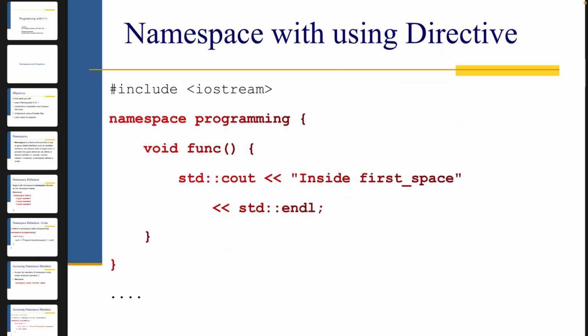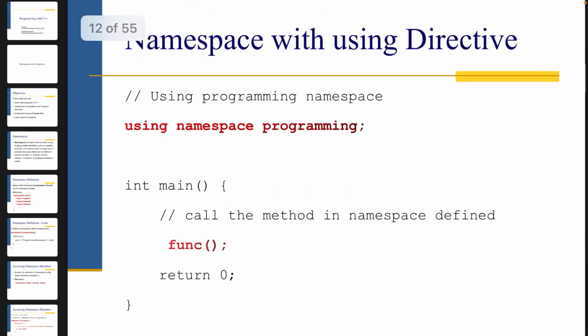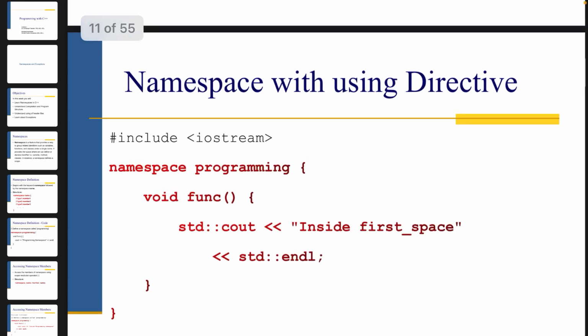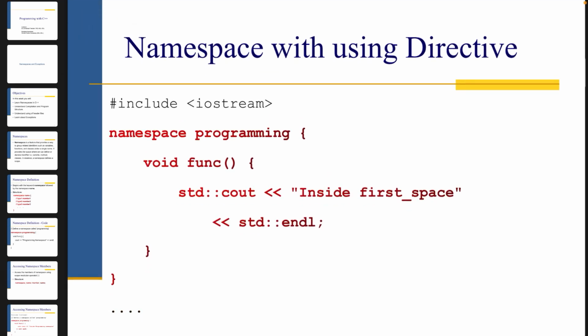You are creating your own namespace: namespace programming. Then inside you have a void function, then you cout inside first space, then you end the line. And this is namespacing with using directives.